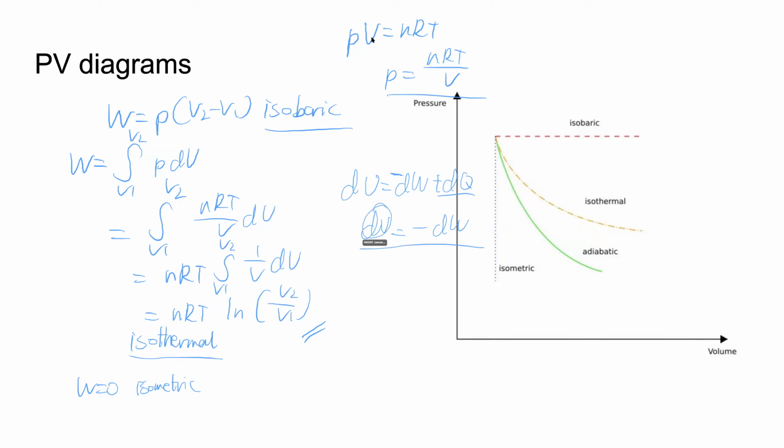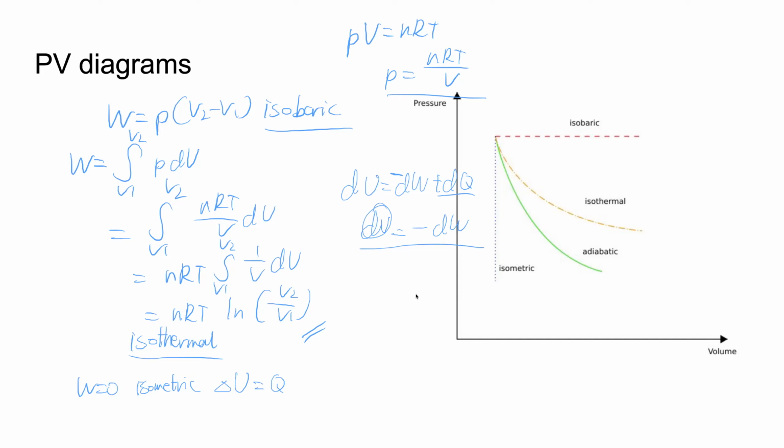So basically that's it. Also, we can use the first law of thermodynamics to deduce the other ones. For example, for isometric, the work done is 0, so the change in internal energy equals the heat. For isothermal, we can deduce this.